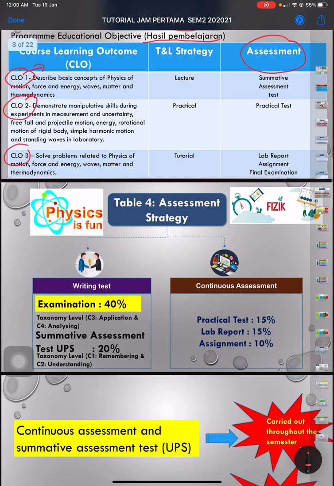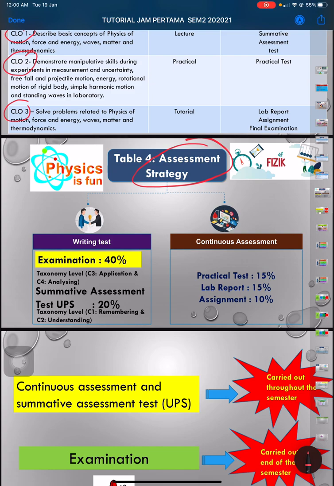Next, Table 4 is the scope of assessment strategy. Assessment strategy depends on the written test and continuous assessment. The written test, the examination, covers only 40%, and the taxonomy level is C3 and C4, application and analyzing.